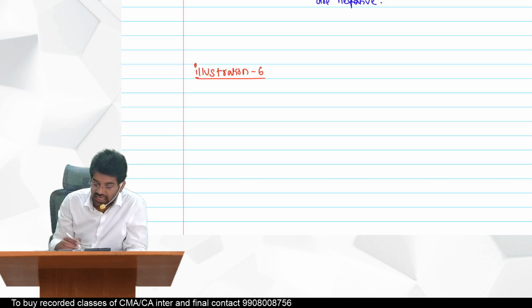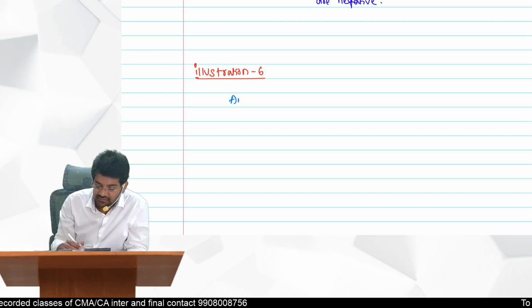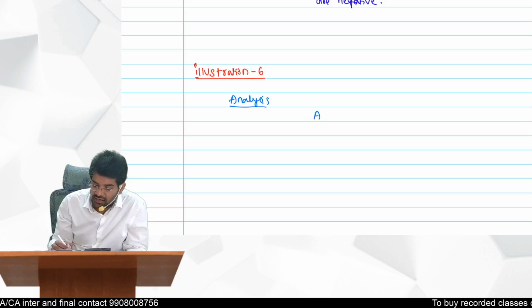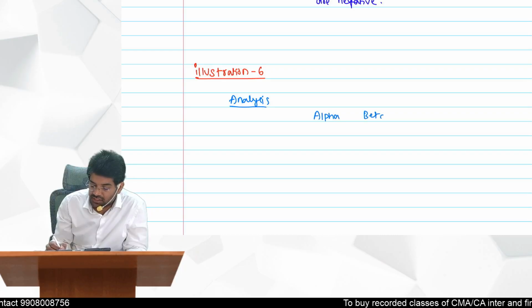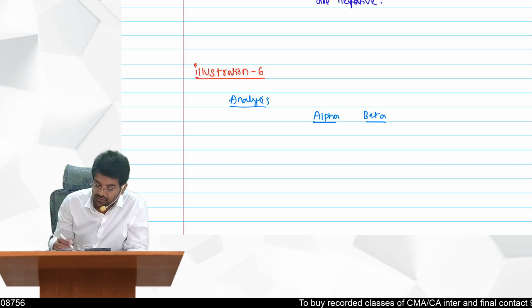What is given here? Analysis first we will take. Alpha and beta. These are the 2 products. Machining, how many hours are required?